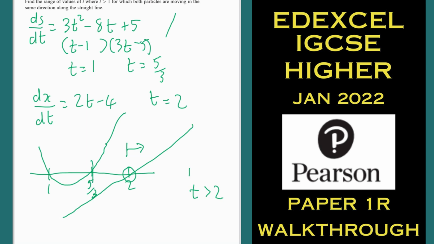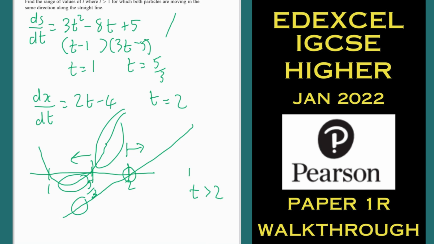It's between 5/3 and 2 that one graph is positive, one graph is negative. That's where they are not heading in the same direction. They're in opposite directions. But when we go to the left of 5/3, they are both negative.